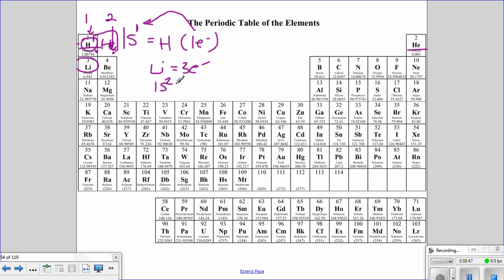So that's called 1s2 to account for both there. Lithium's in the next period, so we put a 2 here. We're still in S block, so we put an s, and it's 1 electron over. So the total electron configuration is 1s2, 2s1, and that's a total of 3 electrons. Good, that's what lithium has, so we needed to account for all of them. Take a minute and try to do potassium.